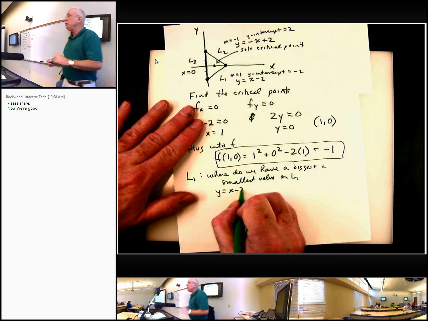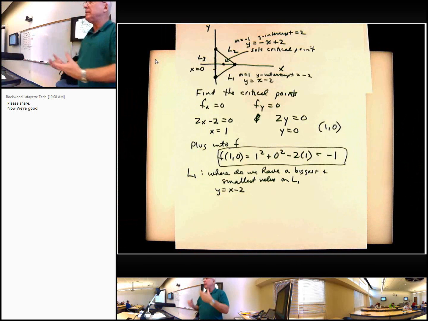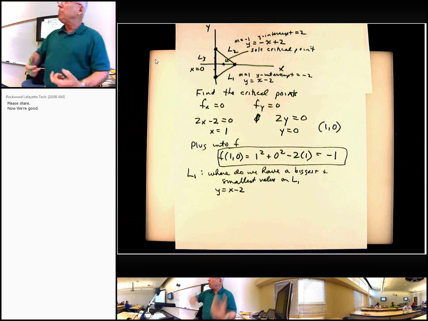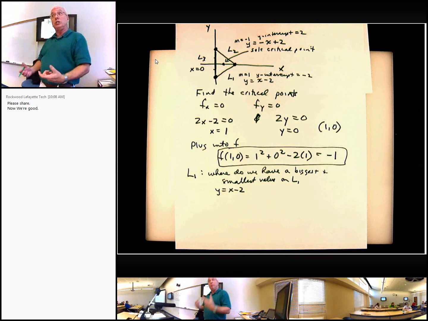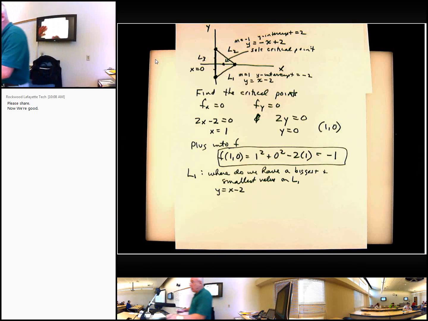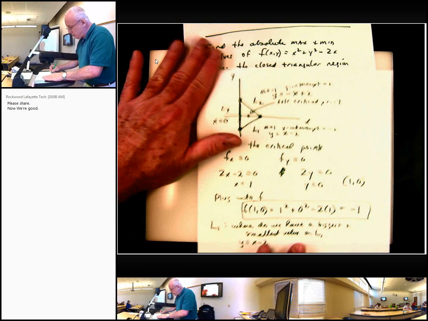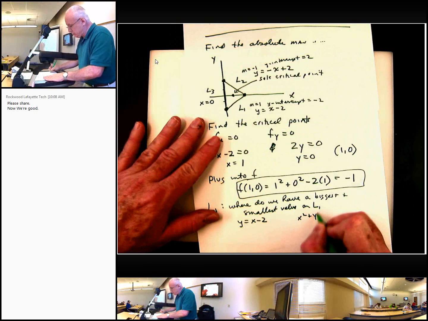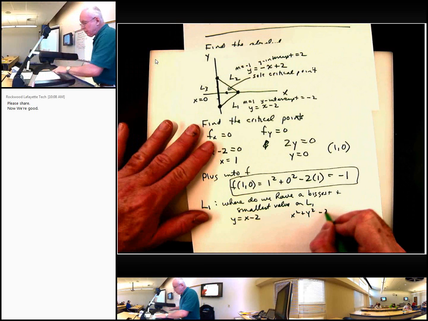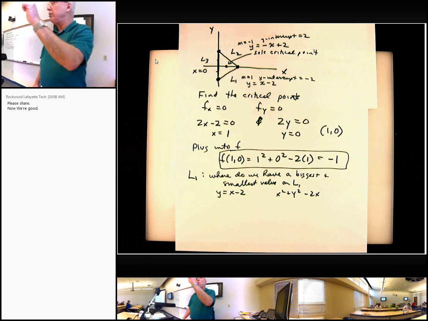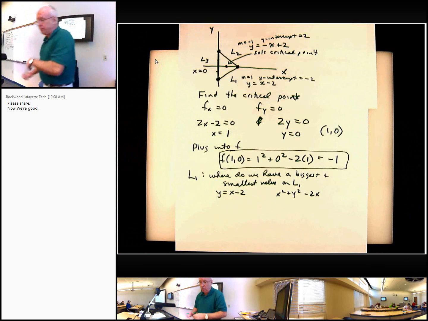So what I want to do is take that substitution of x minus 2 and put it into my original function for the y variable. Our original function is x squared plus y squared minus 2x. So I'm going to plug in x minus 2, so I have strictly one variable to work with.